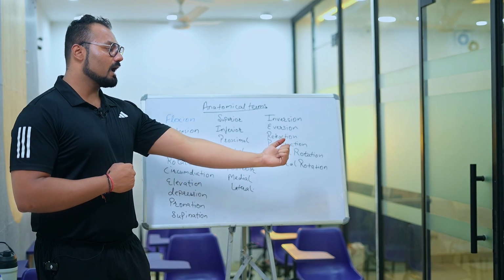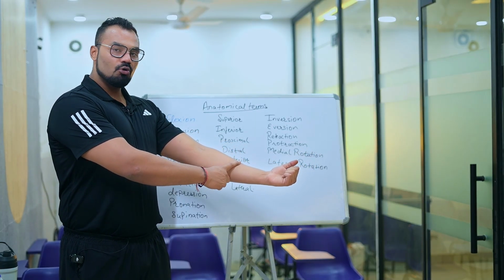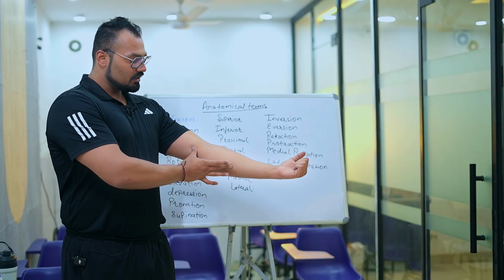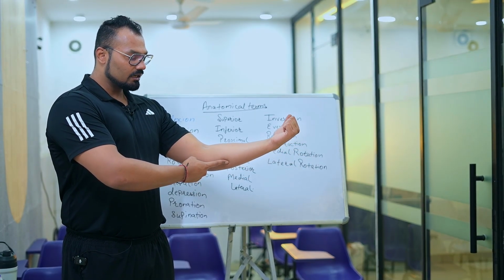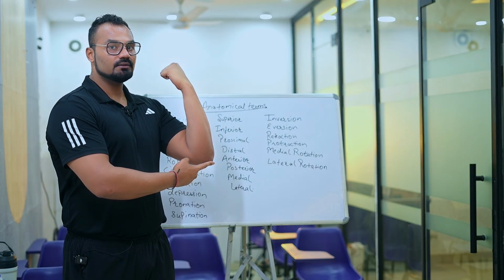So here is my arm. I have an elbow joint. I have one bone here and one bone here. And the angle between these two starts decreasing from here. So I have started the flexion movement, which is happening in my elbow joint.